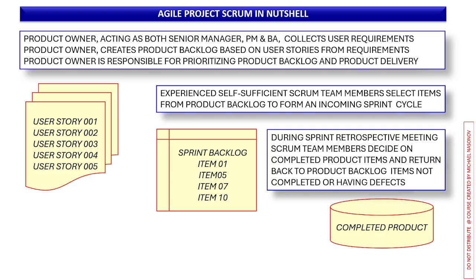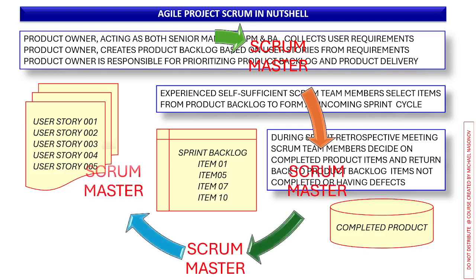All of this is completed when, during the sprint retrospective meeting, Scrum team members decide on completed product items and return back to the product backlog items which were not completed or had defects. And all of this process is monitored continuously by a professional and preferably certified Scrum Master.